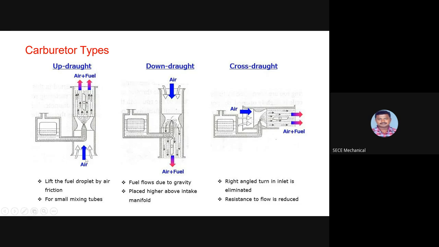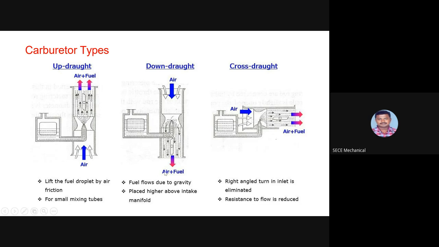So the pressurized air is going to enter this way, and due to the velocity increase and pressure decrease, a partial vacuum is created. The fuel will come out from this float chamber, and this will pass this way because of the high pressure air passing this way, and the small droplets of fuel are also mixed together and will enter the cylinder during the suction stroke.